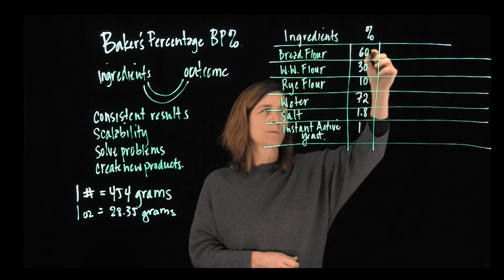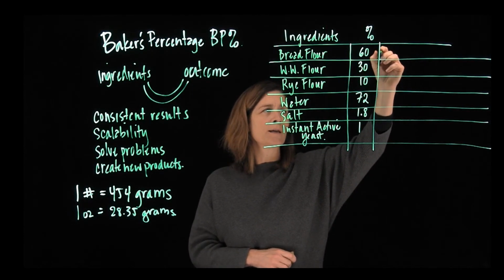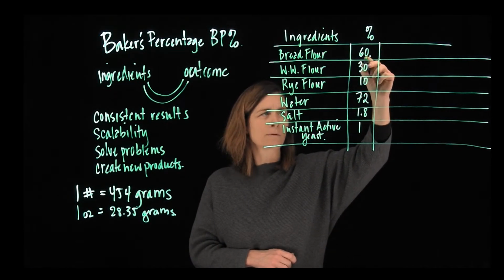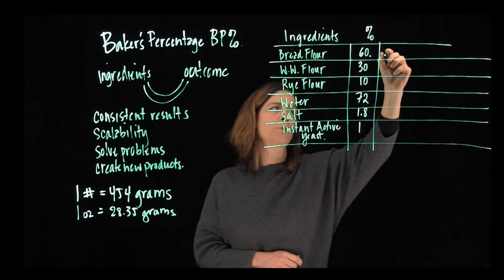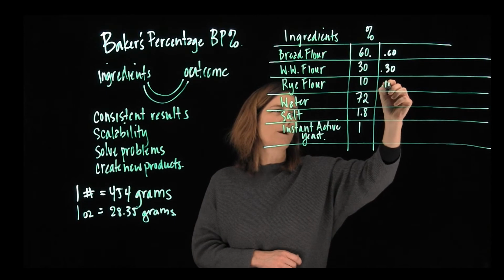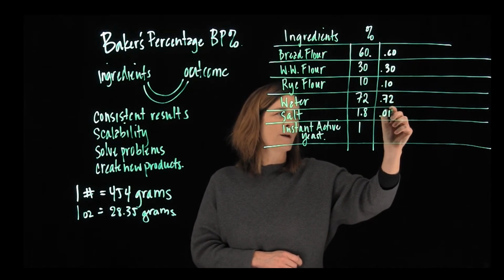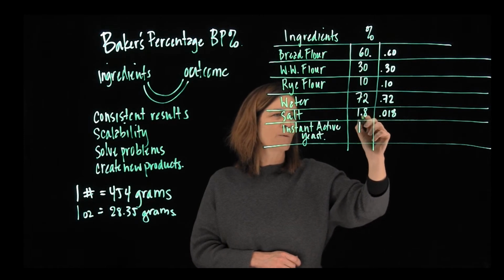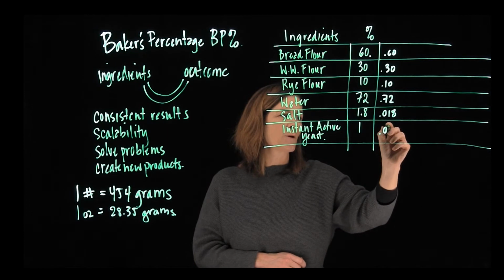So just to refresh your memory, to convert to decimal points, you would take the 60, and the decimal point is kind of imaginary, it's there, so you would move it 2 places to the left. So it would become 0.60, 0.30, 0.10, 0.72, 0.018, because again, remember you're taking that in 1, 2, and then you have to add another one, and then 0.01.